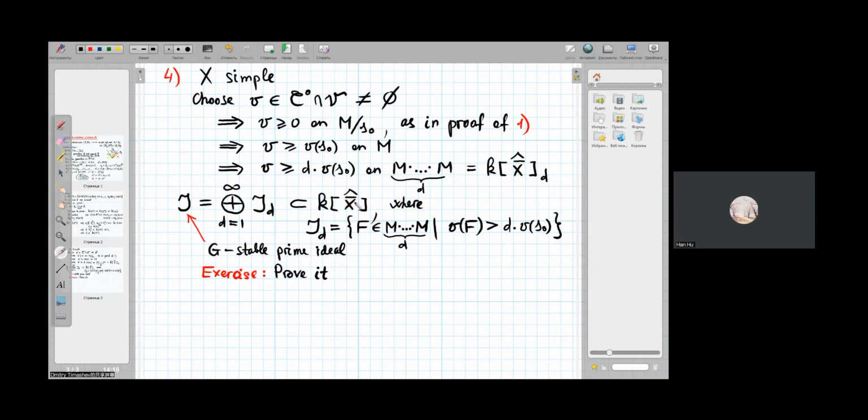But X bar is spherical, so there are finitely many G orbits in X bar. And therefore, any G-stable irreducible subvariety in X bar is just the closure of one of the orbits. So this G-stable prime ideal I is just the vanishing ideal of some G orbit in X bar.